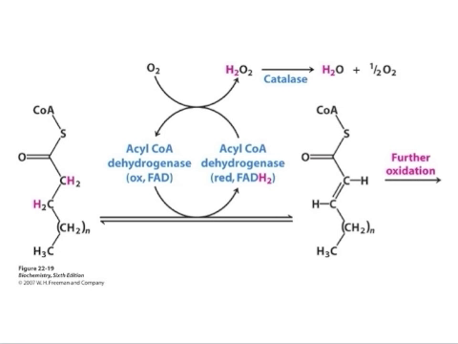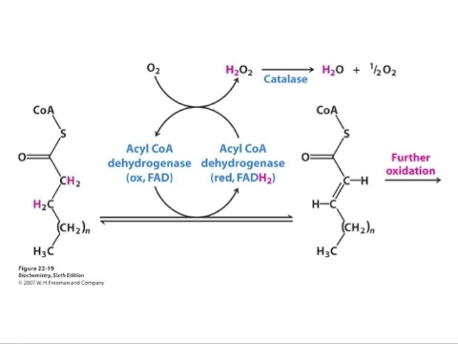In the process, FADH2 is generated. This FADH2 passes its electrons off to molecular oxygen to form peroxide. And then an enzyme called catalase can break down this peroxide to form water and 1/2 O2.